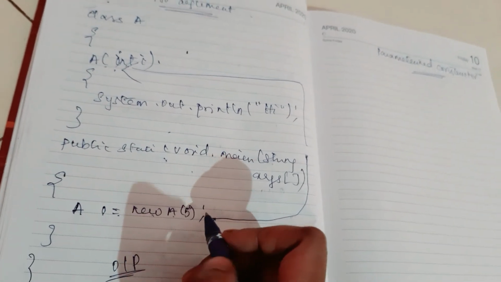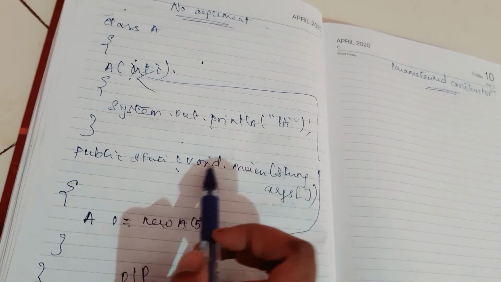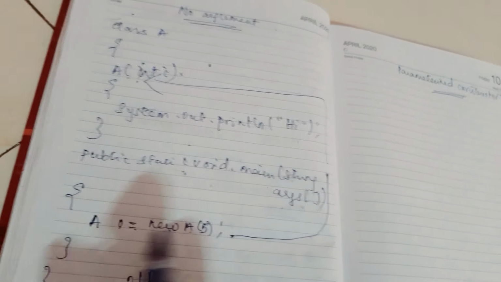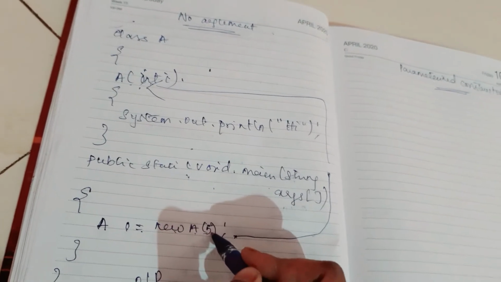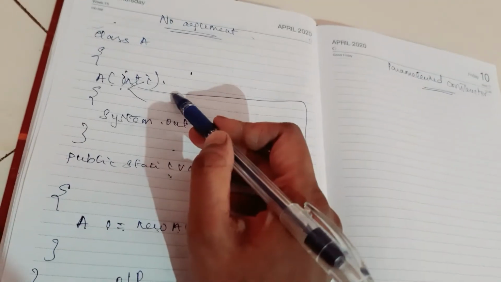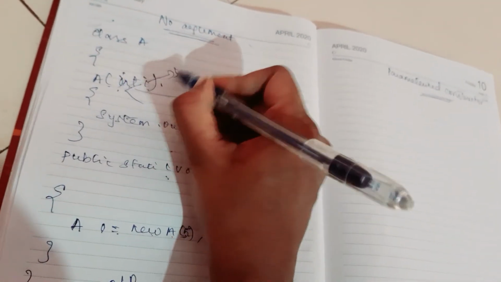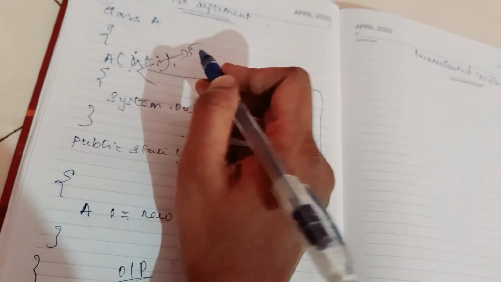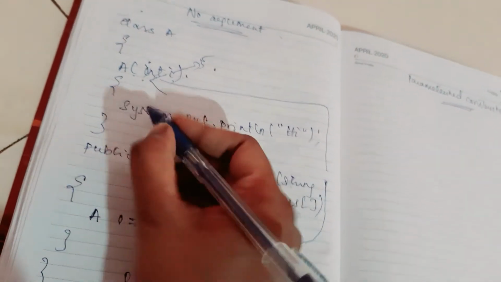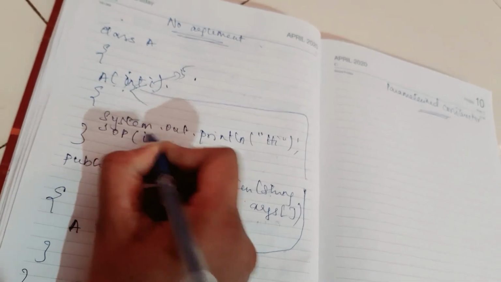The program execution would be like this: my main, and inside main I have my object with value 5. This 5 will be passed to my constructor and the value of i will now be 5, so i equals 5. I'll give one more print statement here, System.out.println(i).